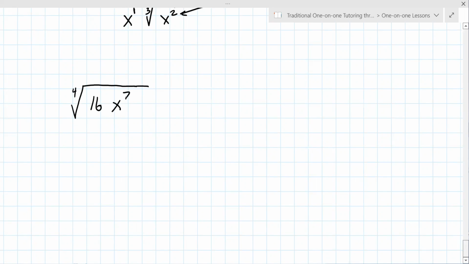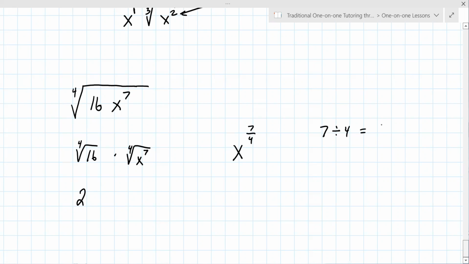So this breaks apart into the fourth root of 16 times the fourth root of x to the 7th. What is the fourth root of 16? 2. This fourth root of x to the 7th is x to the 7 over 4.